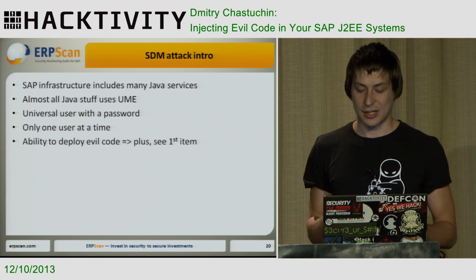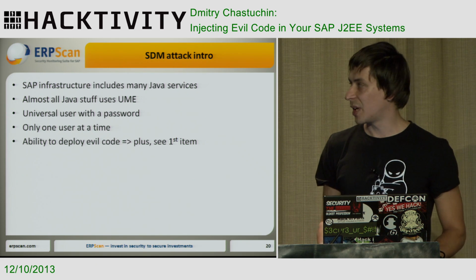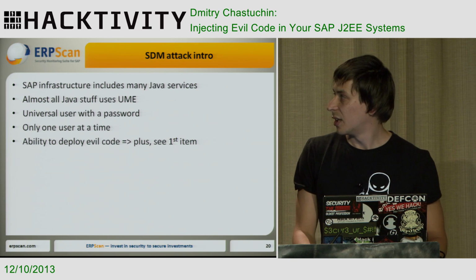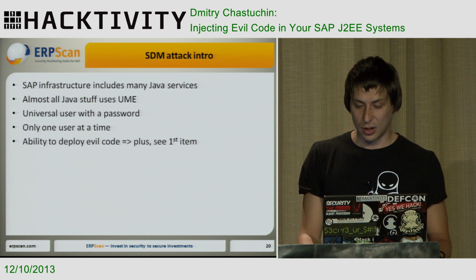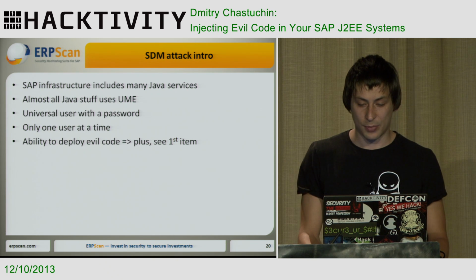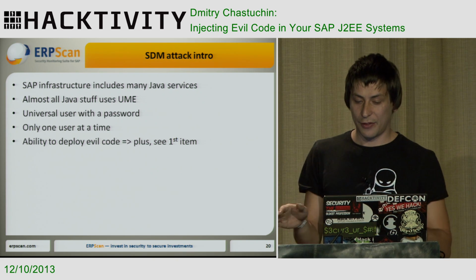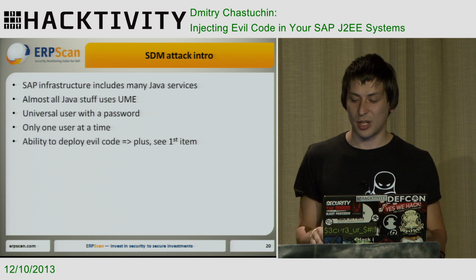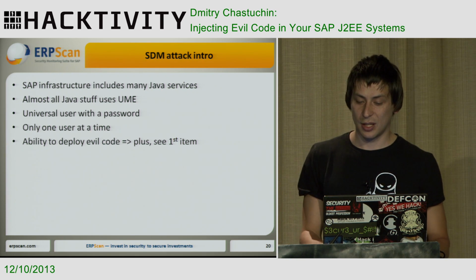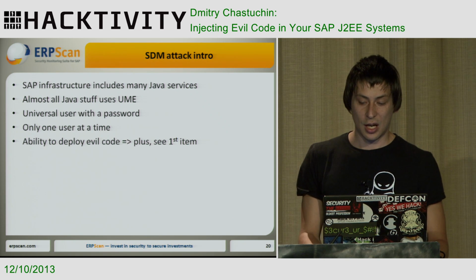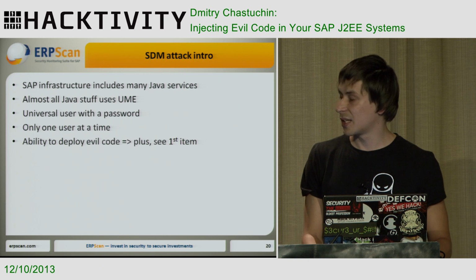You can then restart the SDM server again, but if an attacker tries to log on 3 times, SDM is stopped. So everything mentioned above is very critical, and if an attacker manages to break into SDM, he has great opportunities for backdooring almost everything related to Java in the SAP infrastructure.